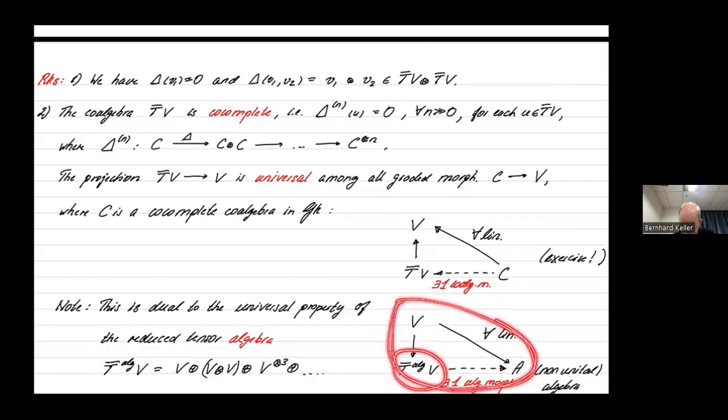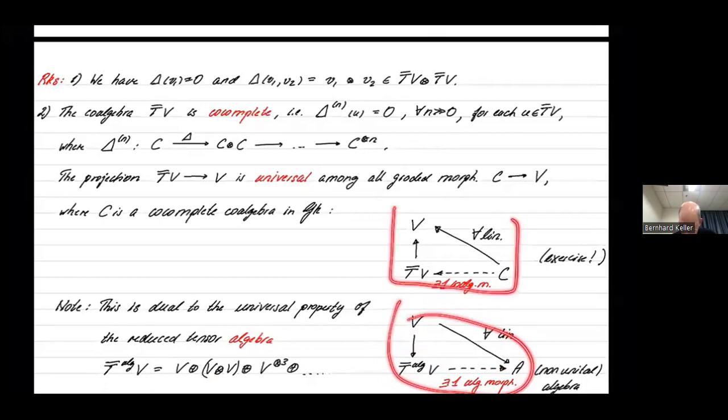You just take this property and reverse the arrows, then you get this property. Instead of the inclusion of the generators, we have the projection onto the co-generators.